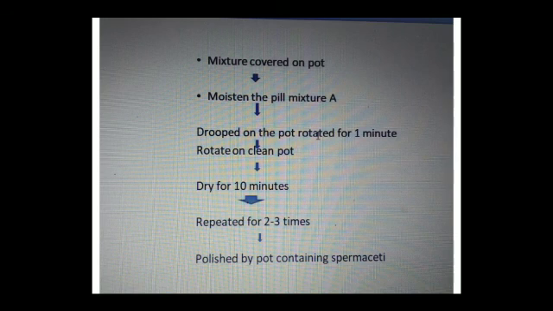The pills are allowed to dry for 10 minutes. This process is repeated 2 to 3 times to give a sufficient white finish to the pills. After drying, the pills are finally polished by rotating them in a clean pot containing a small ball of spermaceti. This is the process involved in sugar coating.